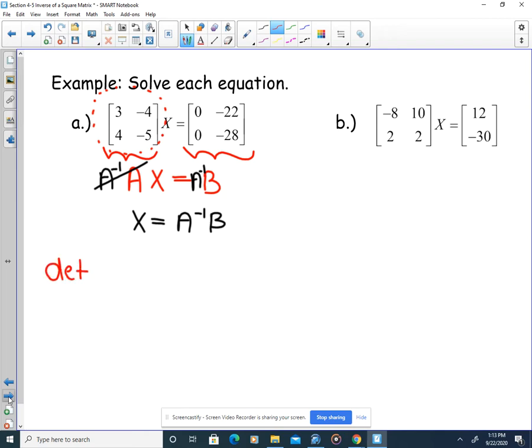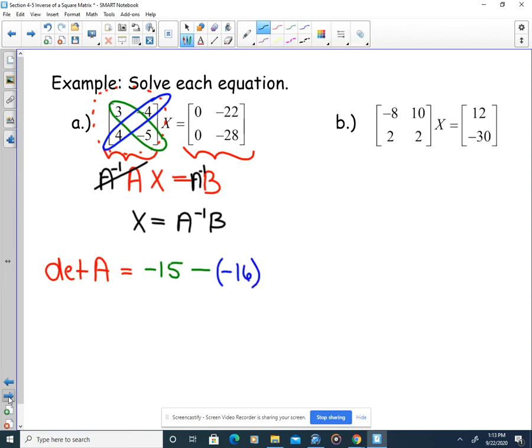So we're going to calculate the determinant. The determinant of A will be 3 times -5 is -15, minus -4 times 4, which is -16.